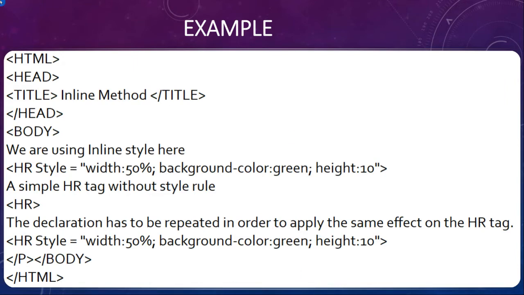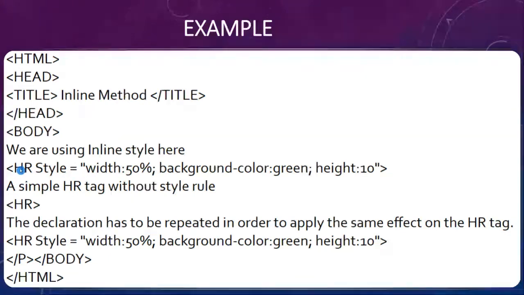HTML, head, all these are as usual, and now we are going for inline style, so I'm applying it inside body. Until head everything's the same, just like a normal HTML program, and inside body I'm giving a statement saying we are using inline style here so that you will understand. Next, I'm using the style for the HR tag.